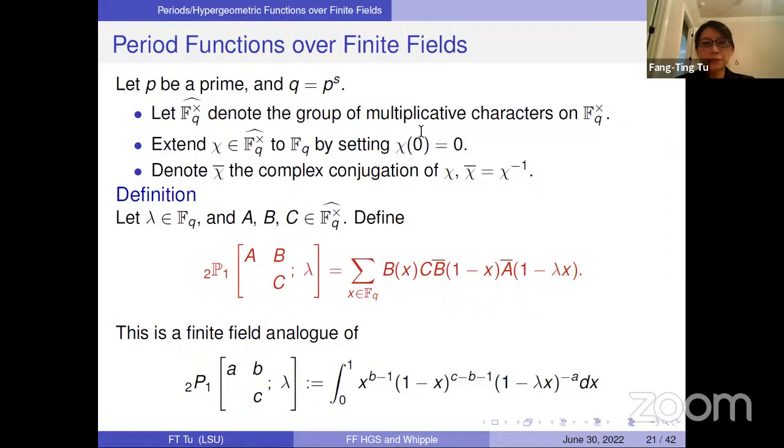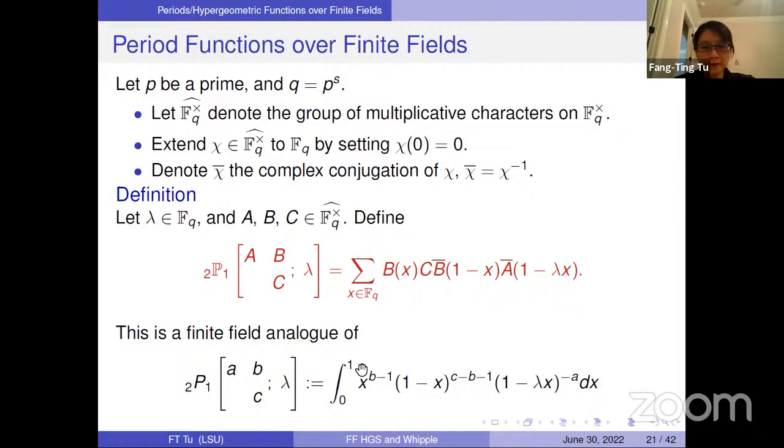And also here we will extend our characters to be defined on the entire F_q by setting chi of 0 to 0, and denote chi bar the complex conjugate of the character chi, which is its inverse because the character values are all roots of unity. All right. So we define the finite field 2P1 function in this way.